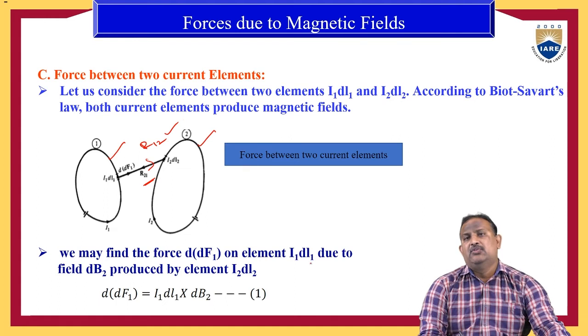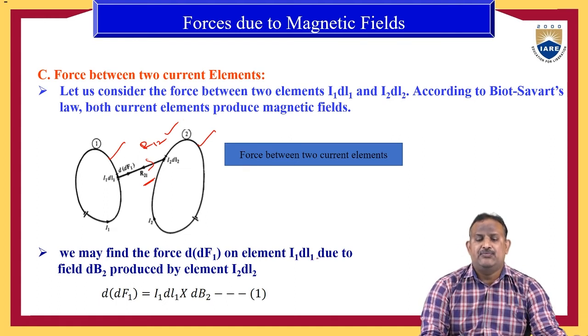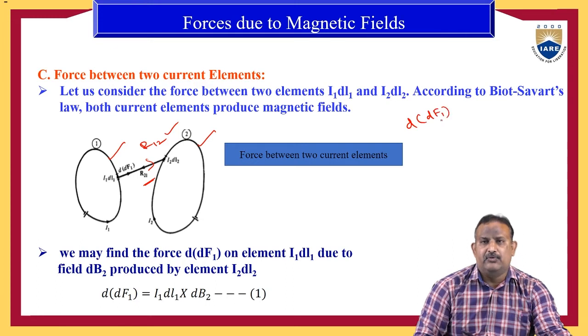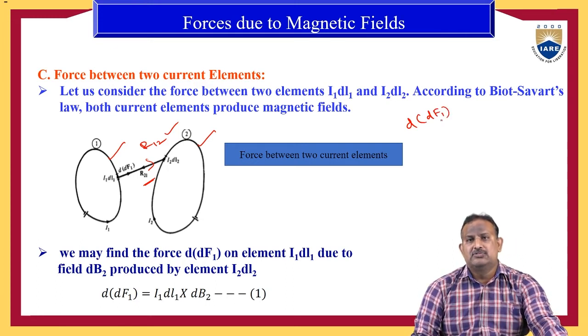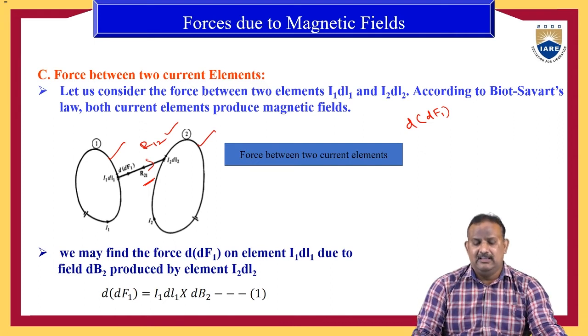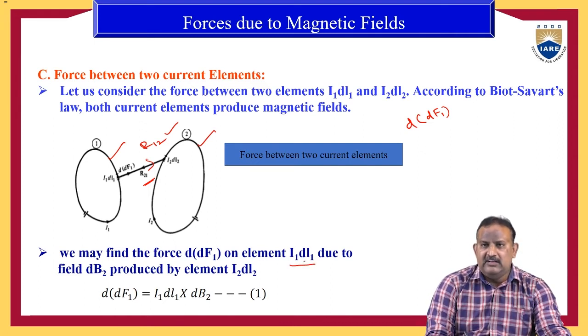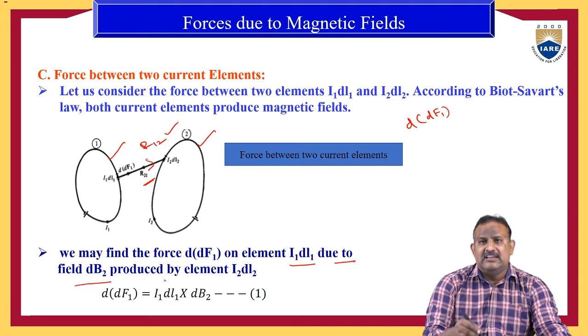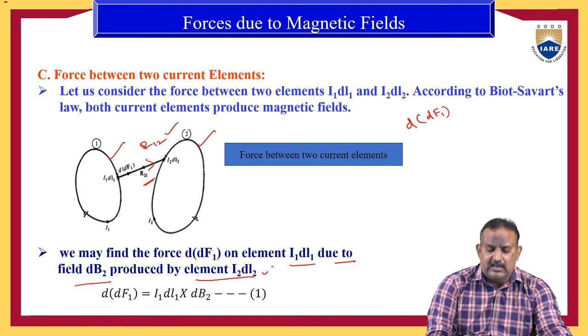Here we need to find the differential force dF1, where F1 is a force. We may find the force dF1 on a current element I1 dL1 due to the magnetic field dB2 produced by a current element I2 dL2.